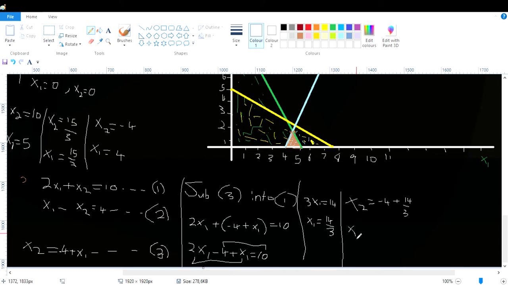Let me use a calculator here. Therefore the answer is 2 over 3, which is about 0.6.